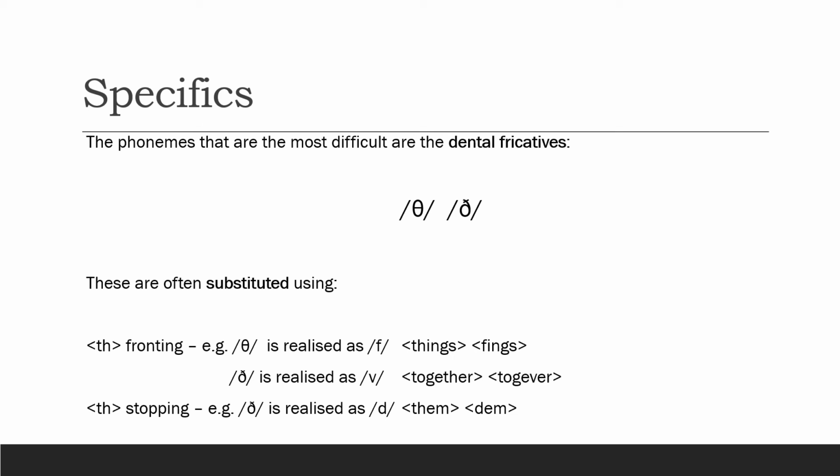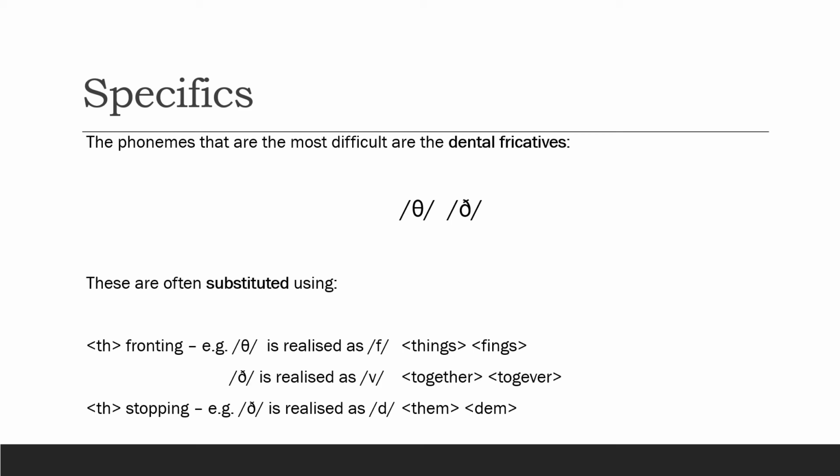So that's TH fronting. There's also one where we have the voiced dental fricative, which is changed for a v sound, and again the voiced dental fricative is changed for another fricative. Again, it's the voiced labiodental fricative, and funnily enough, v is the pair of f, so f and v are a pair as well.